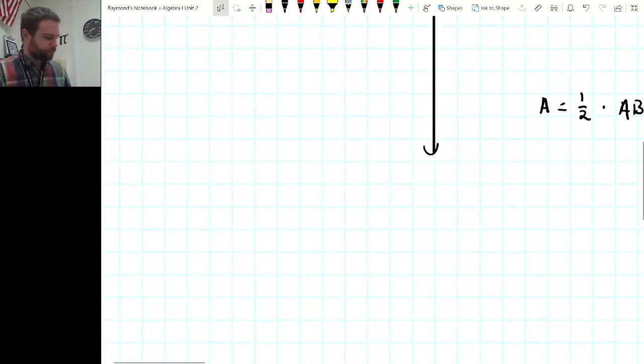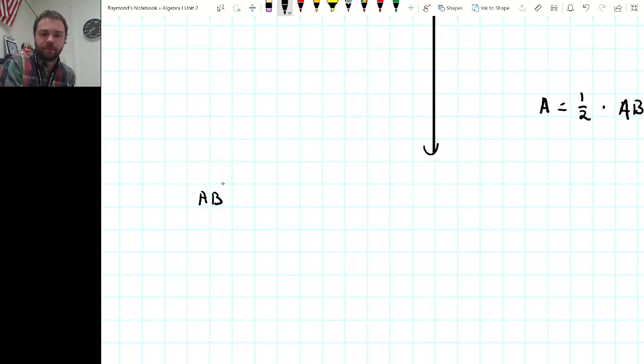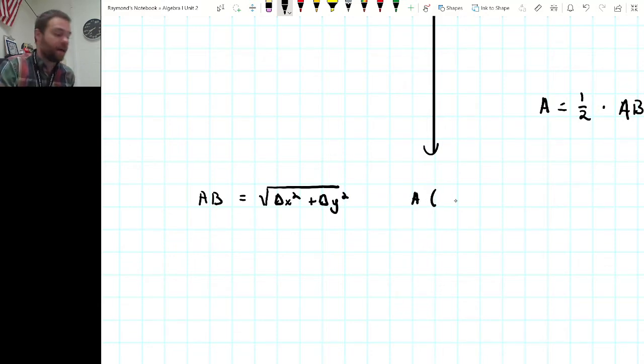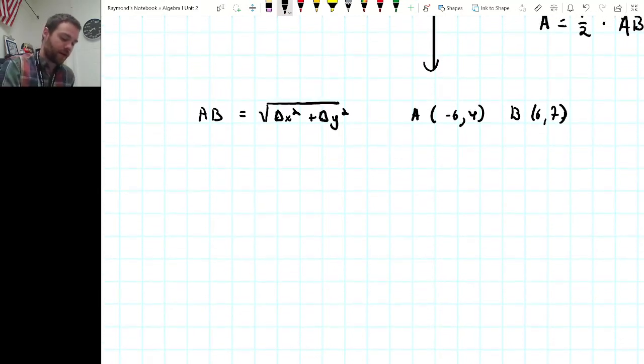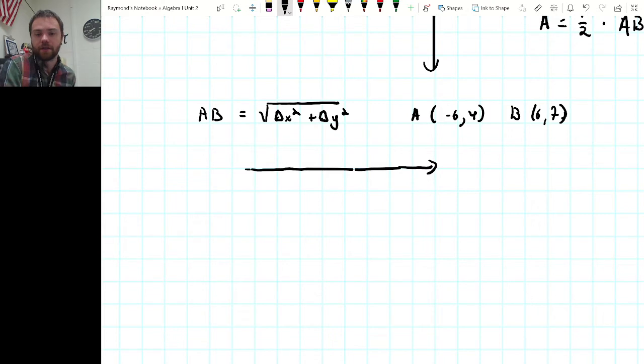So we're going to start with AB, and we know that it's going to be the square root of the change in x squared plus the change in y squared. They give us that A is (-6, 4) and B is (6, 7). So I can look at this number line and see where -6 and +6 are in relation to 0.